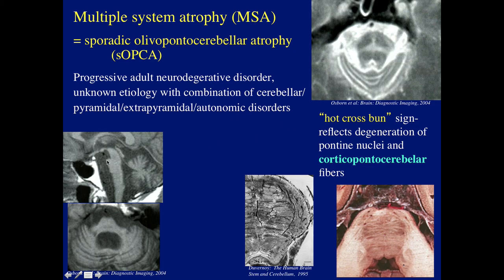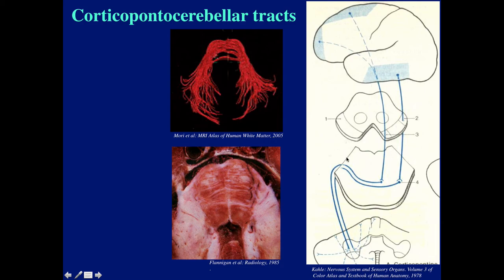Here we see the classic very small belly of the pons and the atrophic changes in the cerebellum. So again, these are due to the degeneration of the crossing pontine fibers as well as the nuclei within the pons. So again, these are the fibers we're talking about, the corticopontocerebellar tract fibers.